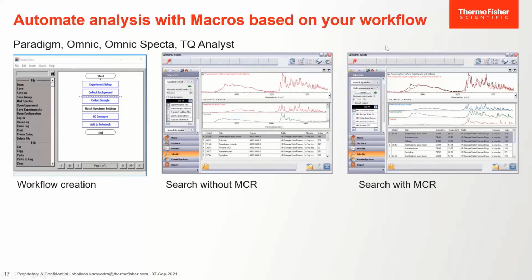But when we did the same tablet search with the multi-component curve resolution algorithm, we clearly found the 3 main ingredients used in the tablet: aspirin, acetaminophen, and caffeine.